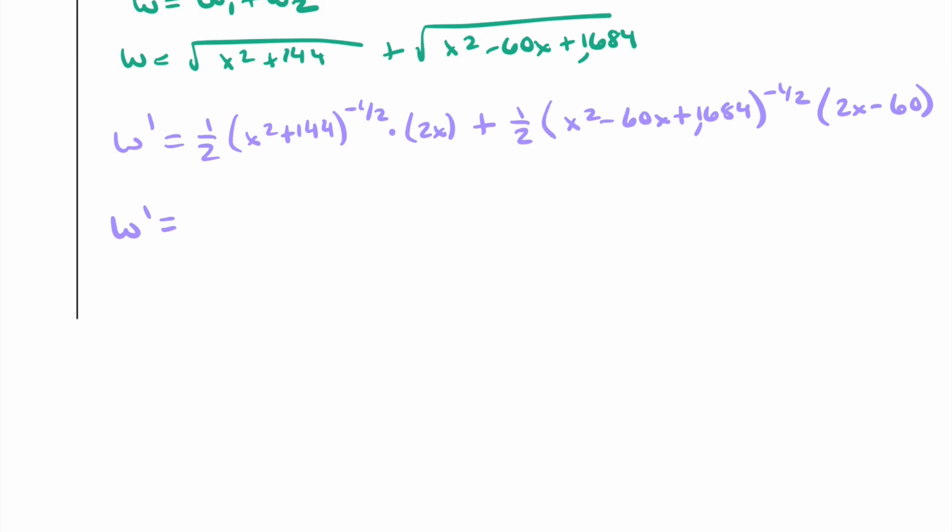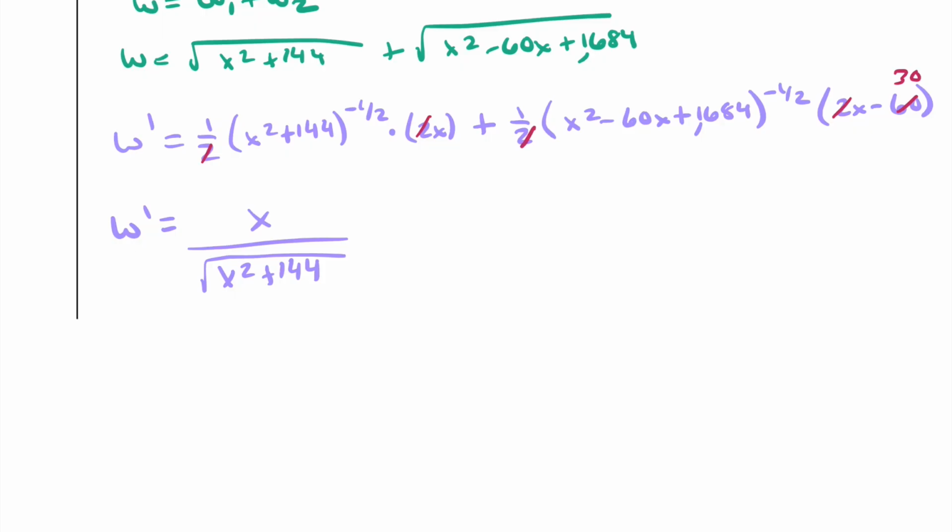So w prime is equal to x over, I'm going to get rid of these 2's, so x over the square root of x squared plus 144. Same thing here. The 2 will be a 1. I'll get a 30, get rid of that 2.